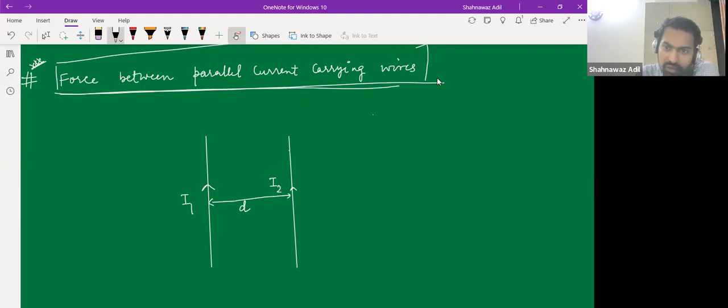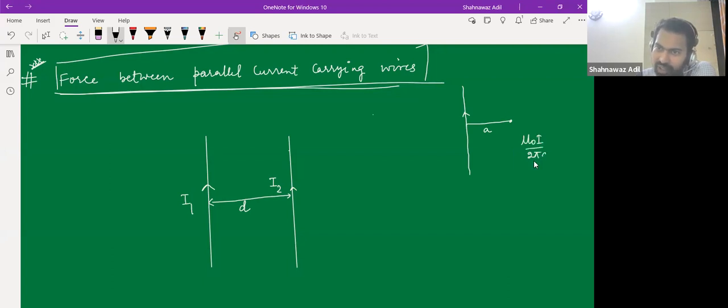But do you remember the magnetic field of an infinite wire at this point, if this is the current? Let's say that this is A. What was the magnetic field? Mu naught I by 2 pi A. Absolutely right.